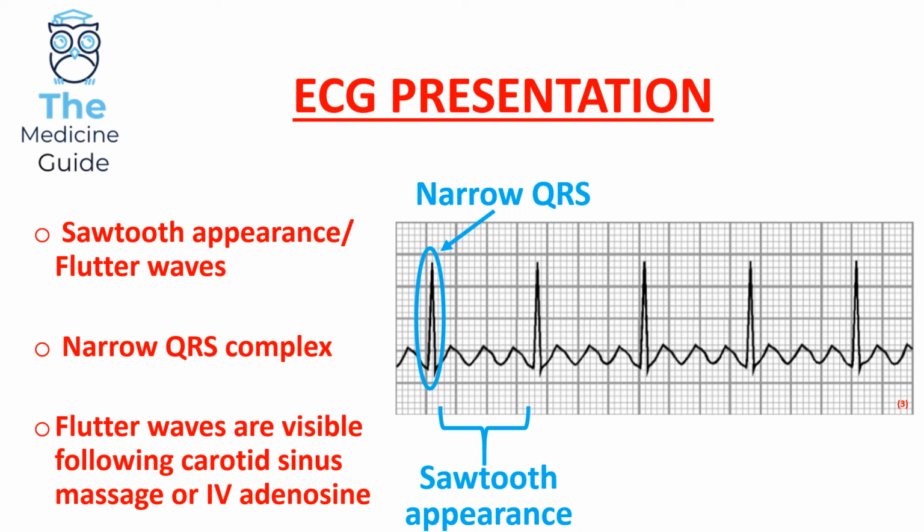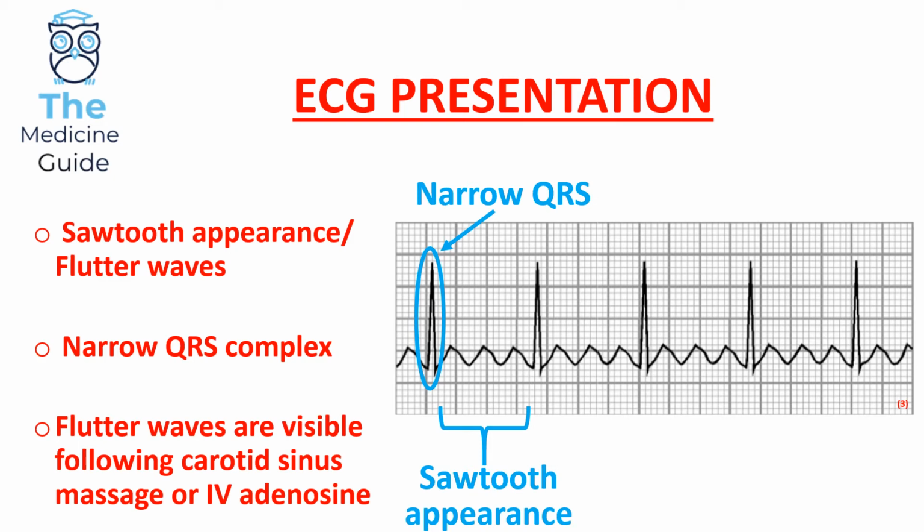And finally, one key piece of information to remember, more so for your knowledge exams, is that the sawtooth appearance or the flutter waves are more prominent or more visible following a carotid sinus massage or IV adenosine, and that's very important.